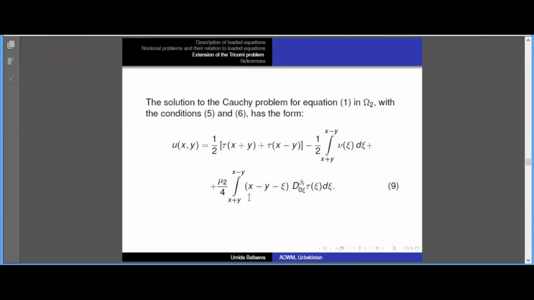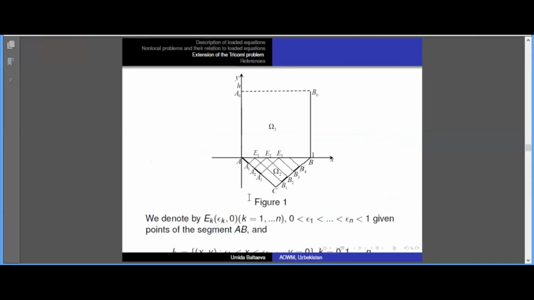From the parabolic part, if we know the function tau, which is given with the condition u here and the condition u here, it is the first boundary value problem for the parabolic partial differential equation with loaded part, and we can find the solution from the parabolic part also.